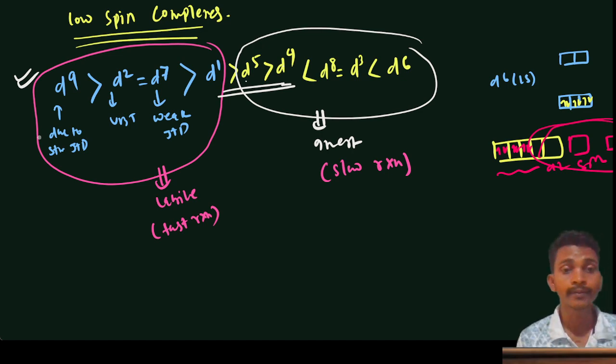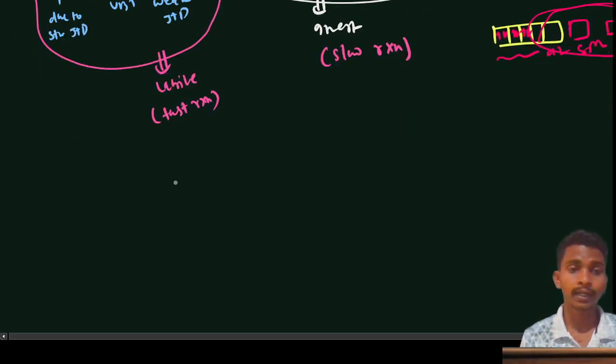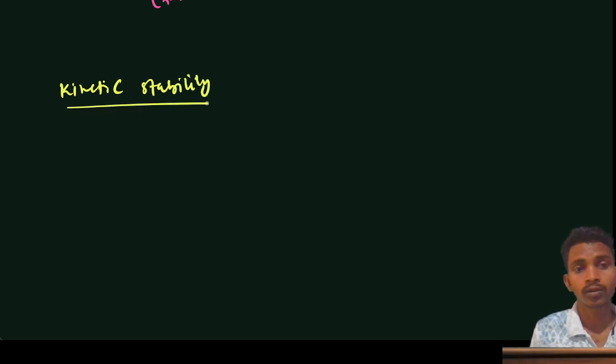In kinetic stability, what you look at is the rate. If they are labile compounds, then the rate will be high. So here we are discussing kinetic stability. Kinetic stability means we discuss the rate of reactions.